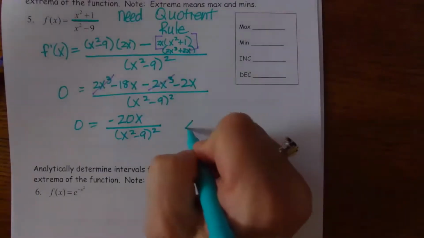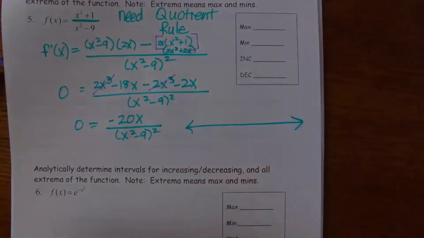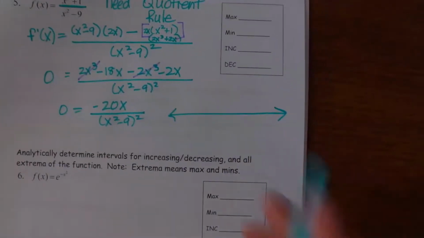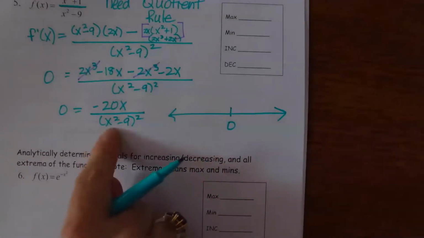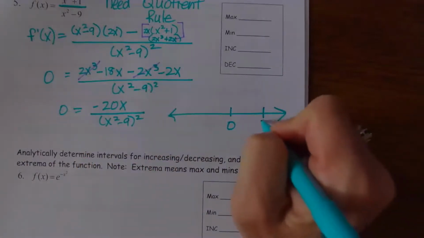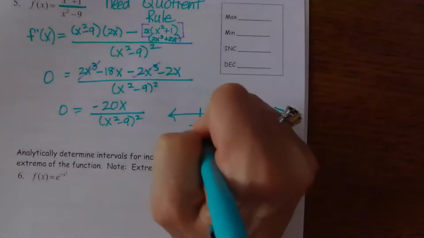So what would make the top 0? What would make the top 0? 0. What would make the bottom 0? 9 minus 9, x squared has to be 9, so x has to be what? 3 or negative 3.